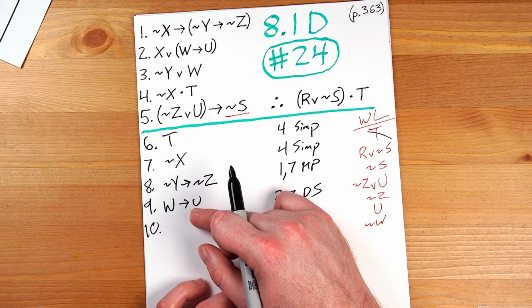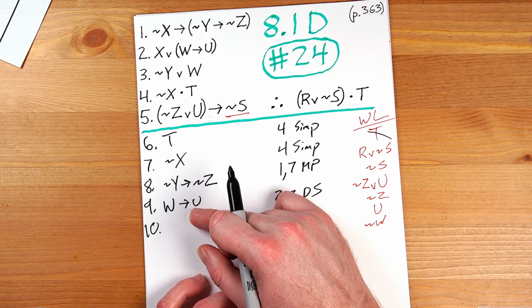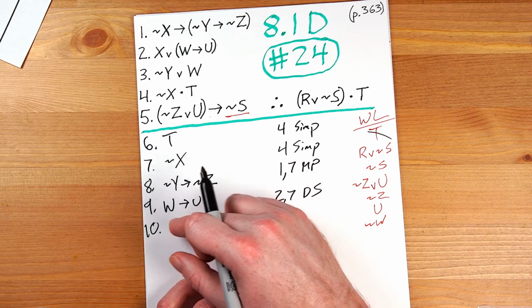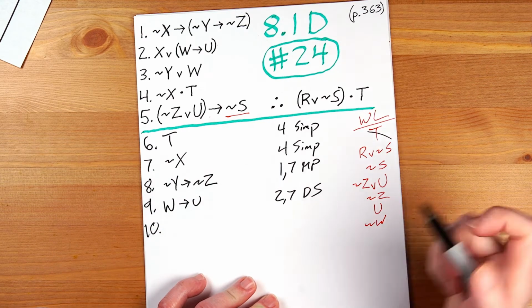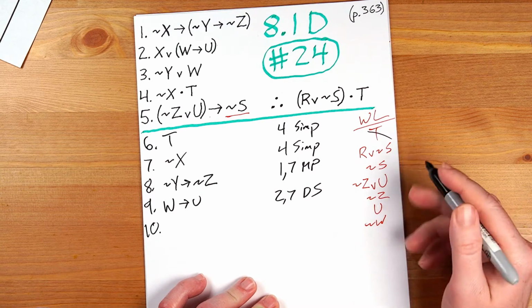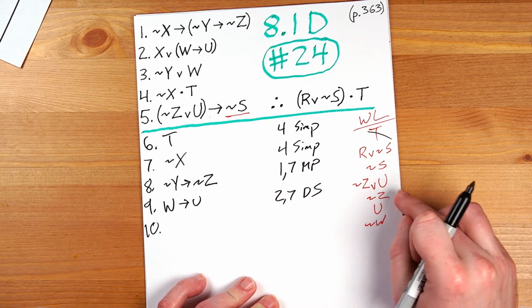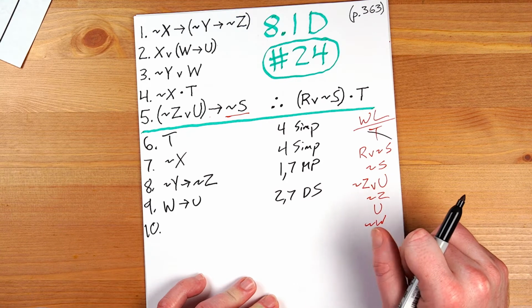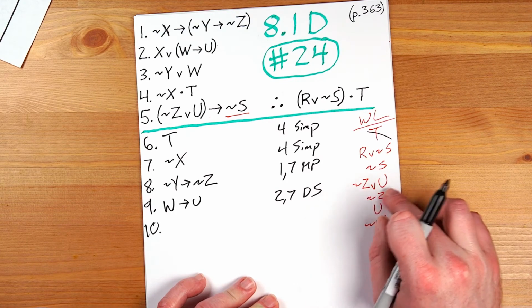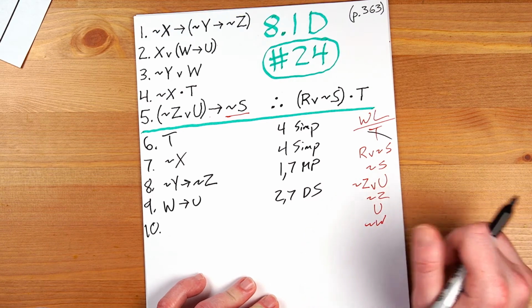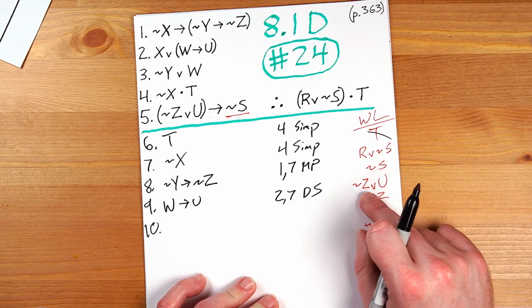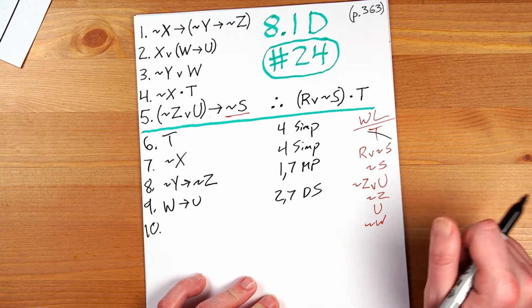We need one of those. What could we do? Well, we could get W. That would be nice. What could we do? We're doing all this. Why? Let's backtrack a little bit more. We are trying to get not Z for the sake of this disjunction over here. Same with U. Maybe there's another way to get the disjunction.